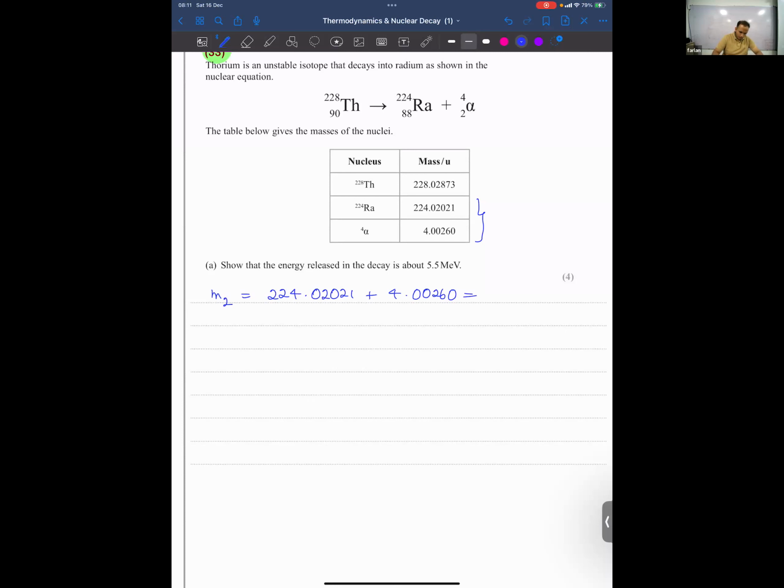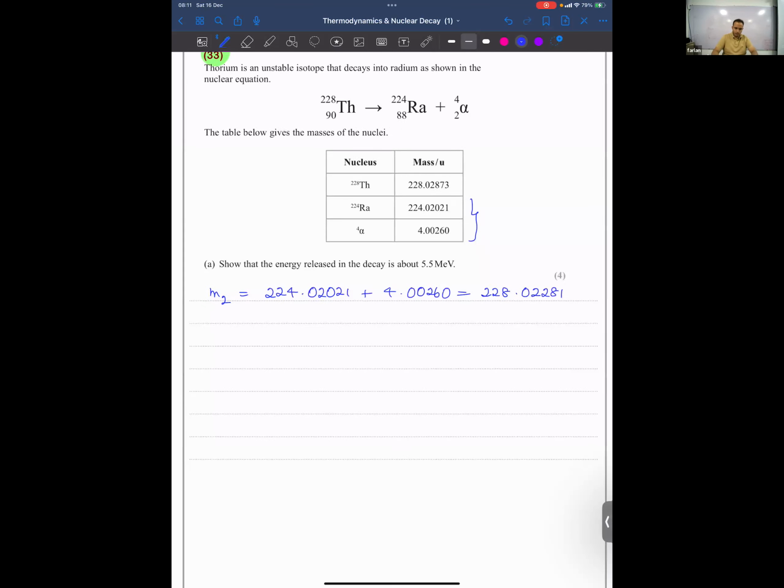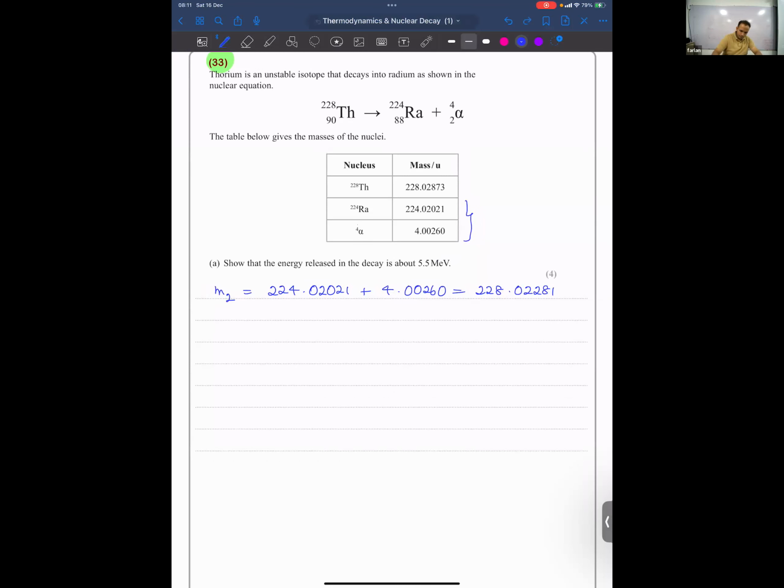That is 228.02281 U. So the delta M will be M1 minus M2, which is 228.02873 minus 228.02281.